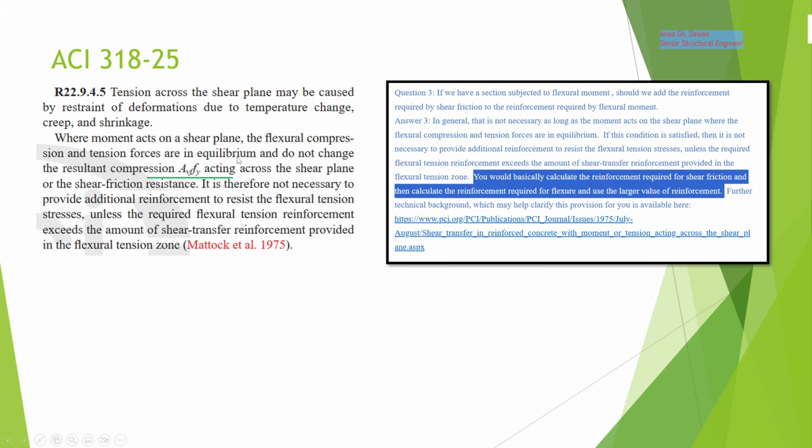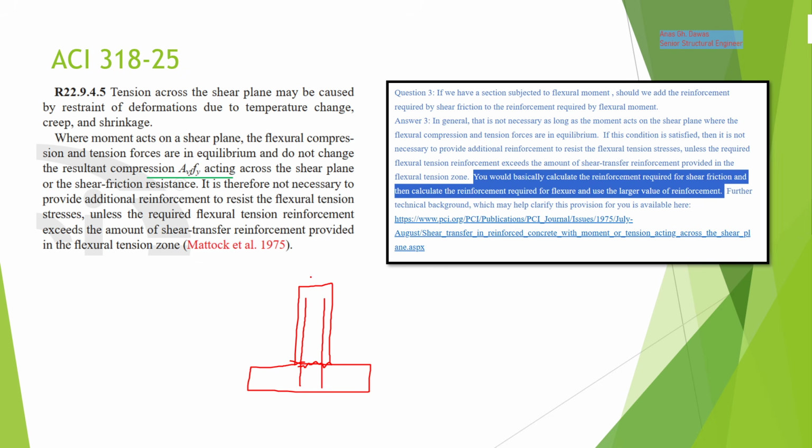Also here I need to highlight, I will draw that. If you have a footing, let's say, and here we have a column. Typically here we have a construction joint. Here also we have reinforcement. At the construction joint, you have to calculate the required reinforcement.